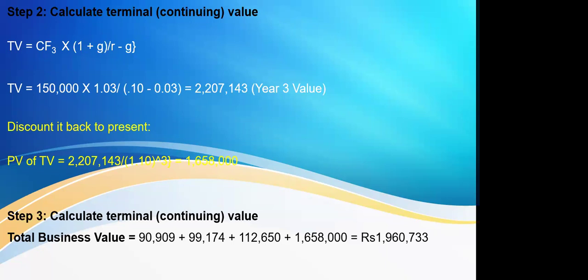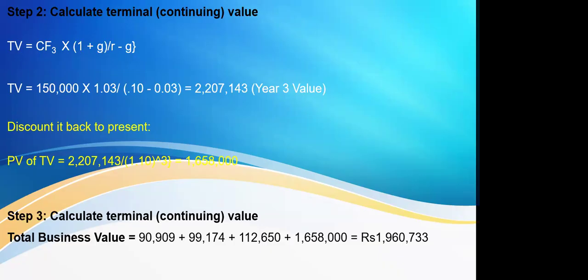So that is the way we value. If you have a business giving cash flow 150,000 forever, we can calculate the value for that. That is the beauty of this formula. Whatever value you receive, you can assume the growth is 3%, it is a very reasonable growth rate.